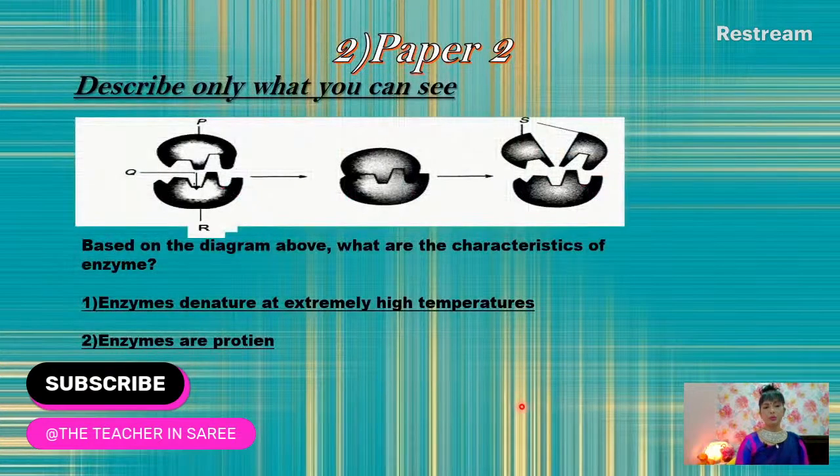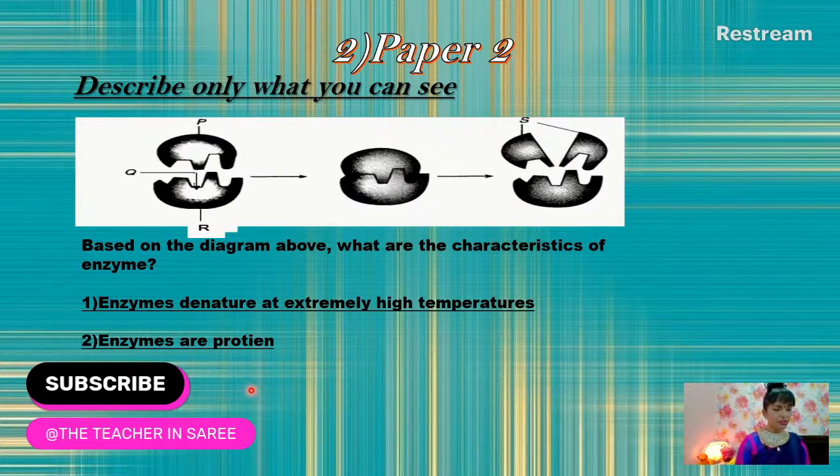Okay, then paper 2. When they give you a picture and ask you to describe what you can see, please only describe the characteristics that you can see from the picture. For example, look at this student's answer. They say, the enzymes denature at extremely high temperature. The enzymes are protein.